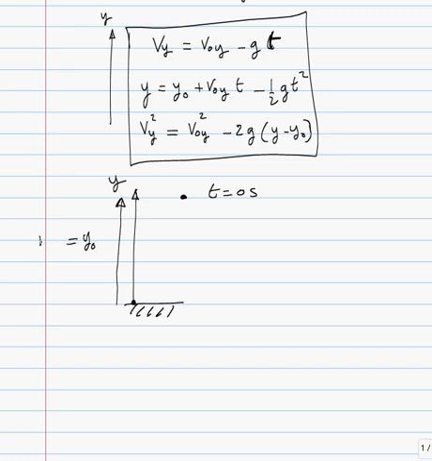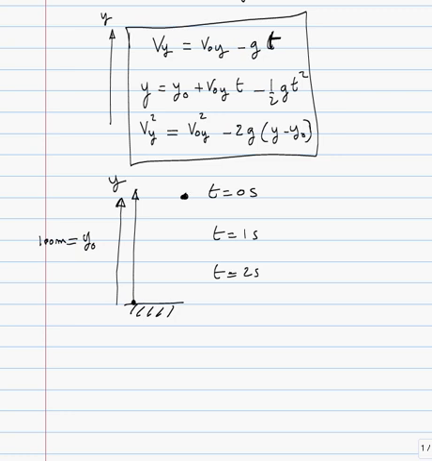Say 100 meters. What I would like to know is what's going to happen to my object at t is equal to, say, 1 second, and then at t is equal to 2 seconds.